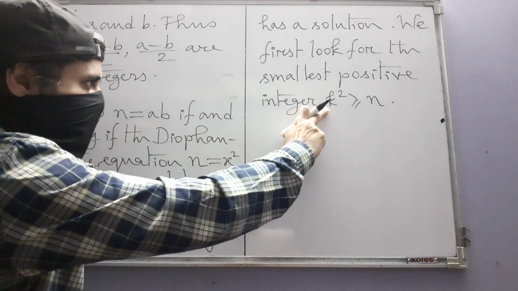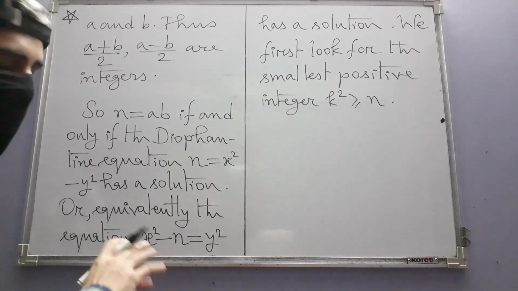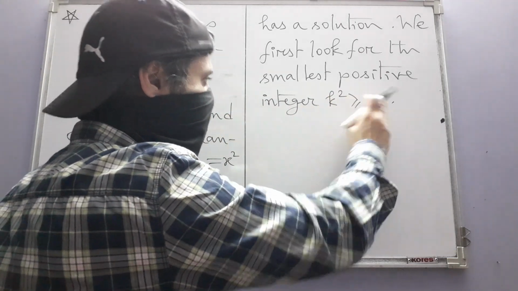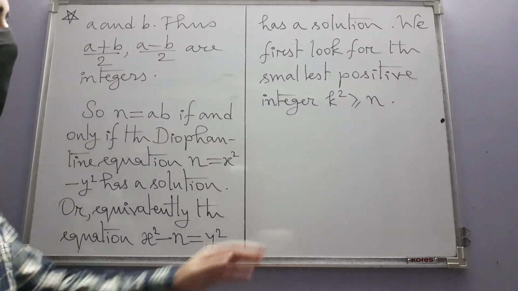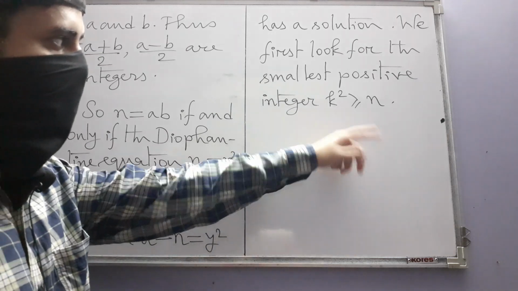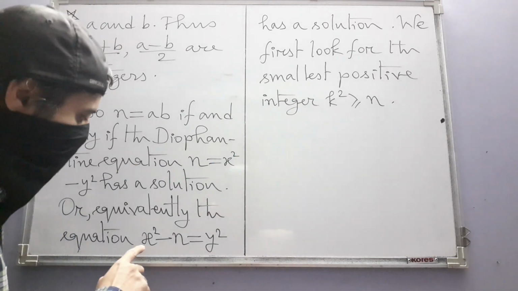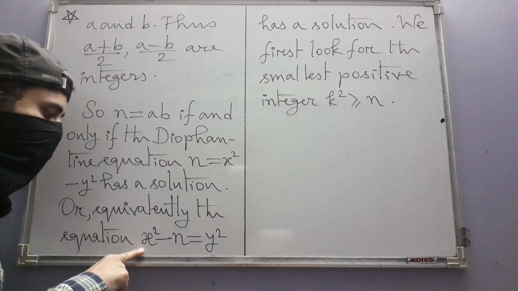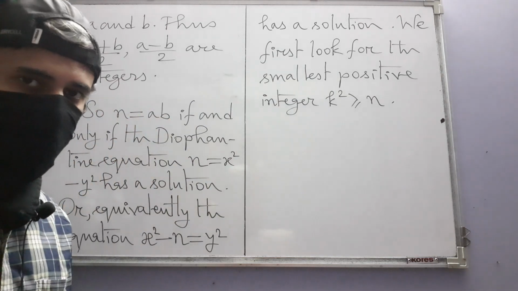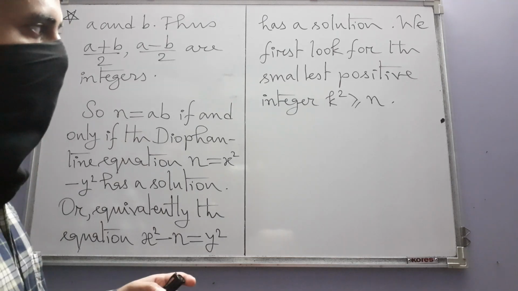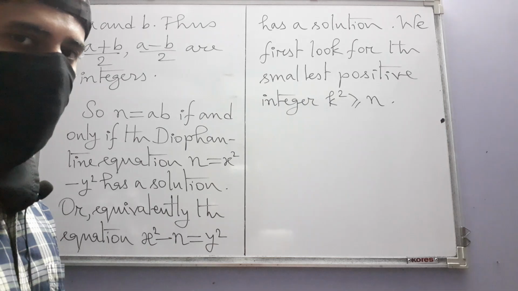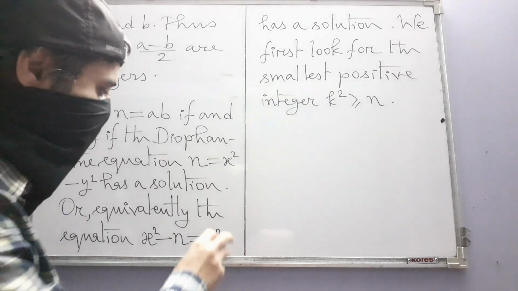That's why we need a k, we need first of all to apply this method, we need a k whose square is at least n, and we choose the smallest positive integer k, which satisfies this. Why? Because we do not want to lose any k that may give us a square when you consider k square minus n. We want to consider all the k's that are possibilities for giving us squares.